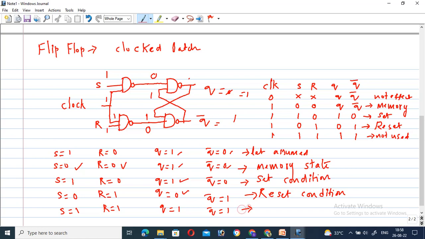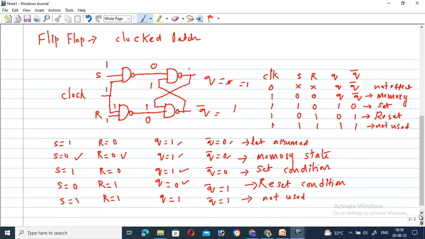So this is generally called not used, because the 1 1 combination is not used in practical applications. If it is 1 and 0, there is a possibility of generating a clock signal. So for that purpose, the 1 1 consideration in the SR flip-flop is not used. Okay, this is the SR flip-flop analysis.